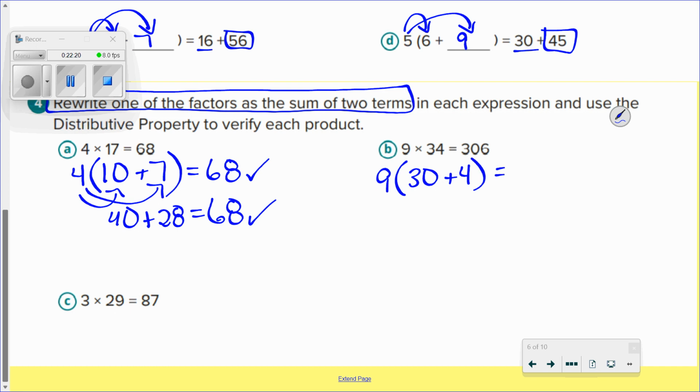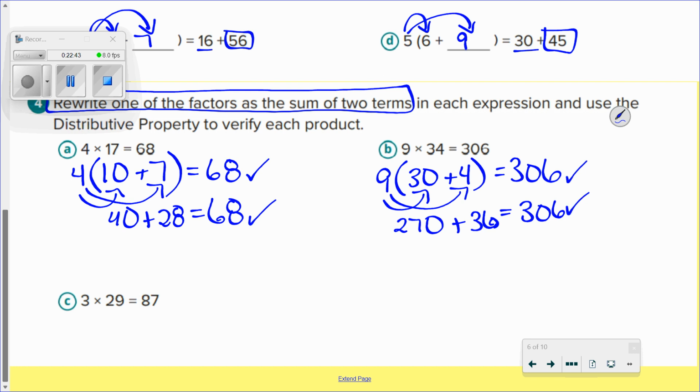And that should equal 306. Let's find out. What is 9 times 30? 270. It's 9 times 3 with a 0. What is 9 times 4? Does 270 plus 36 equal 306? Then we are good. Make sense?